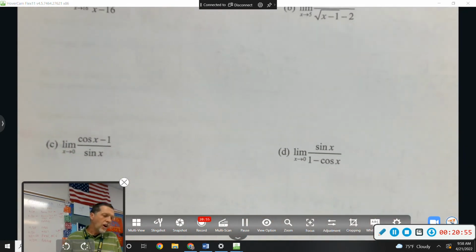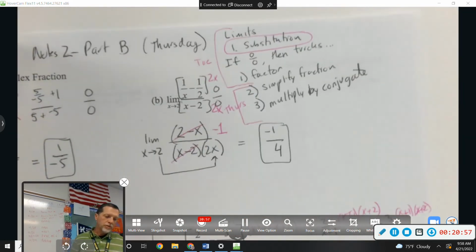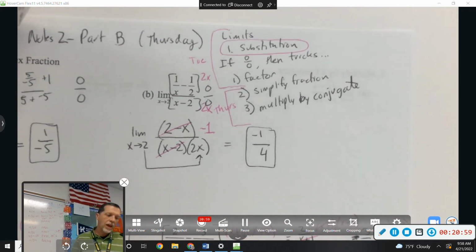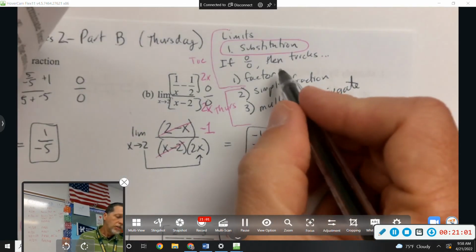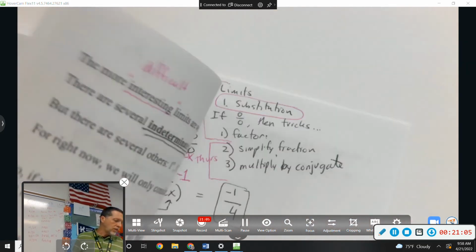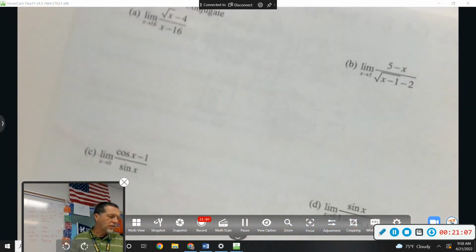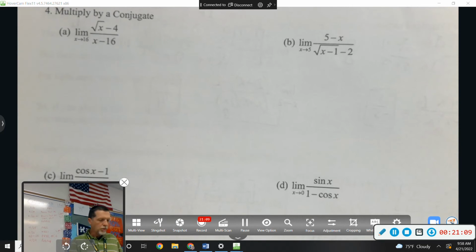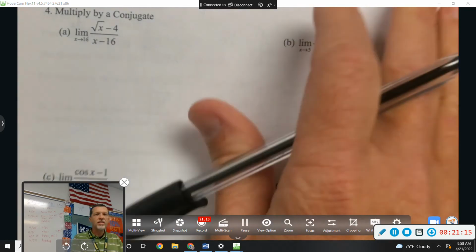All right, so that was trick number 2, and number 1 for today, but number 2 overall. So factor, simplify fractions, and the last one is multiply by a conjugate. You remember what a conjugate is? Conjugate kind of fixes square roots.